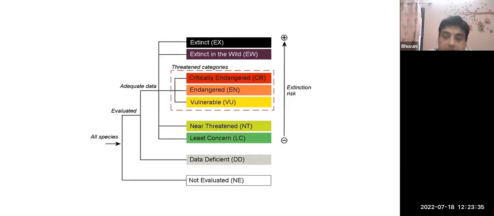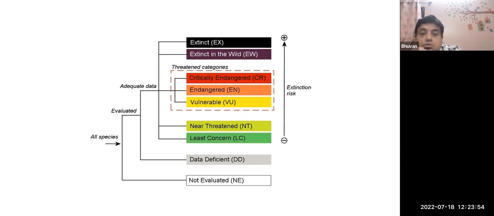So here, by the flow chart, we can understand what the various categories in the IUCN Red List are. All the species are first divided into two groups: one is evaluated and the second is not evaluated.